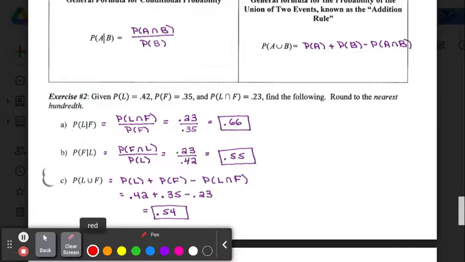For the next one, probability of F given L, it's reversed. You still have the probability of both, but what changes is what you're dividing by. So for this one, I did the probability of both divided by the probability of L, and I got 0.55.